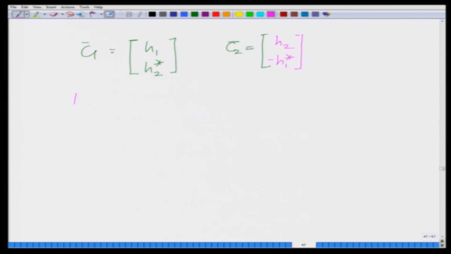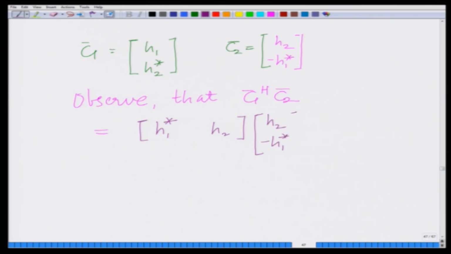Observe that C1 bar Hermitian C2 bar is, C1 bar Hermitian is transpose and take the conjugate, that is H1 conjugate H2 times H2 minus H1 conjugate, which is equal to H1 conjugate H2 minus H2 H1 conjugate, which is equal to 0.